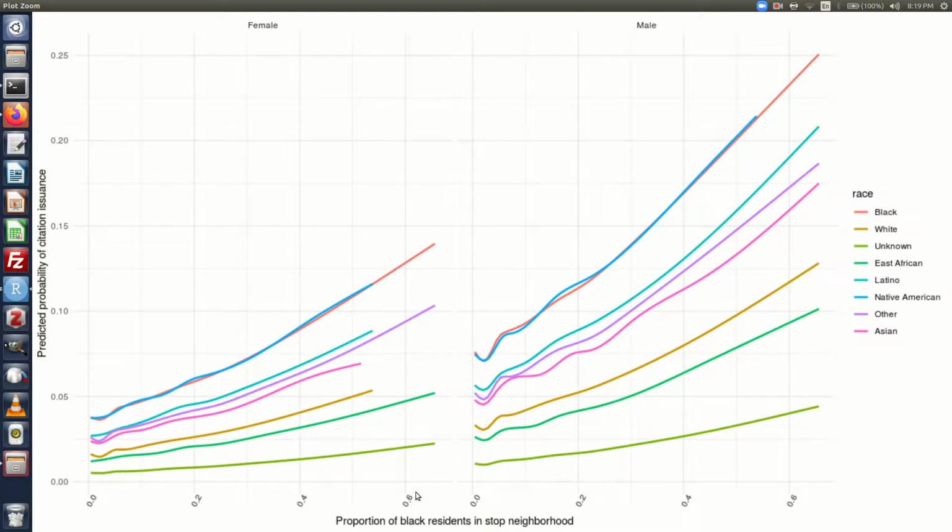But our x-axis is not household income, it's the proportion of black residents in the neighborhood where the stop happened. So look at this. White people, this orange line, burnt sienna, they get stopped and citations issued more often in neighborhoods with more black people.